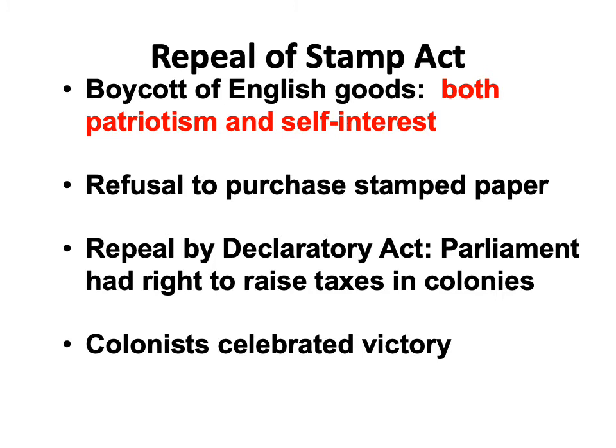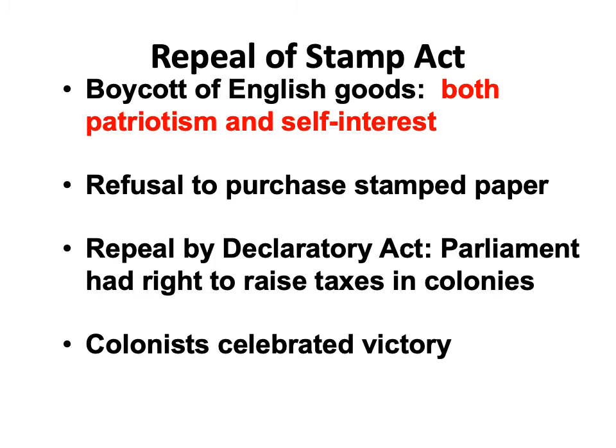For instance, if you were a small manufacturer and you were illegally making plows for farmers, which you weren't allowed to do because as a colonist you weren't allowed to produce the same products that were produced in the mother country, well, you would want people not to buy British plows so you could sell your plows.